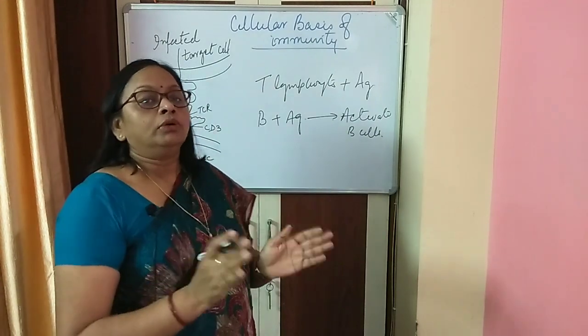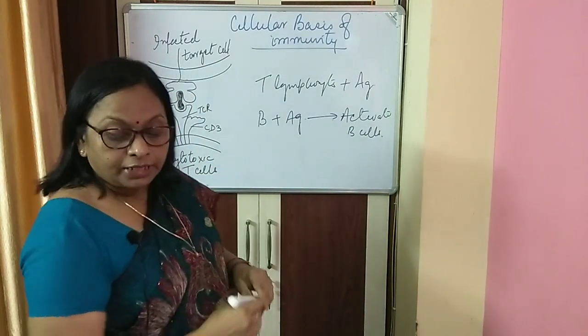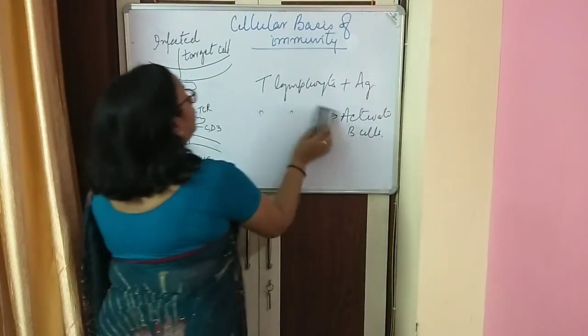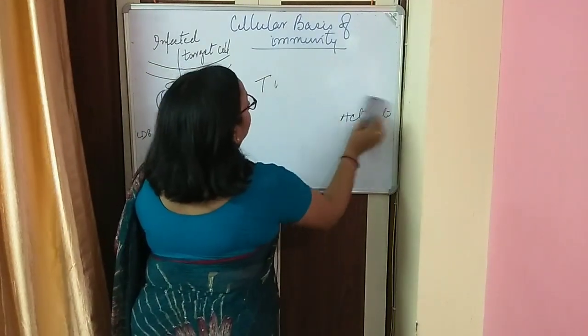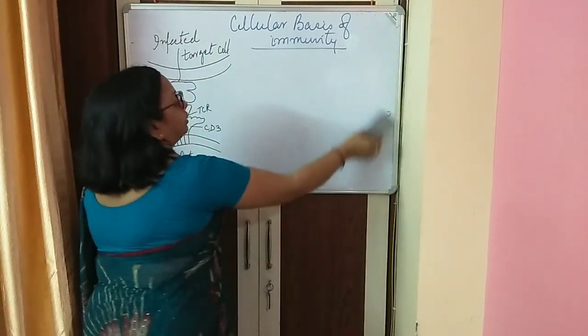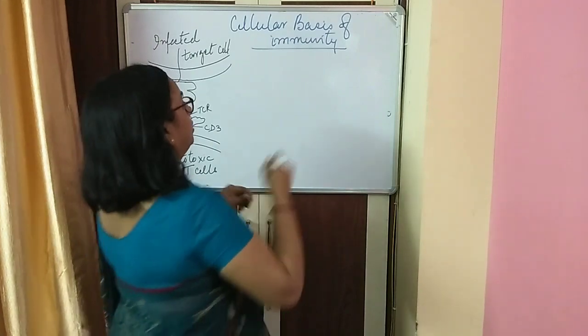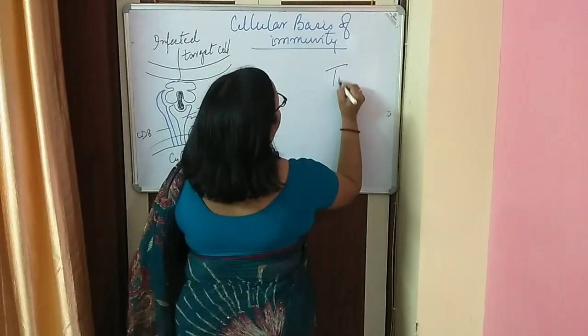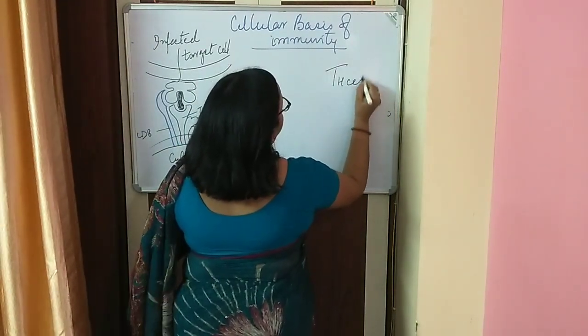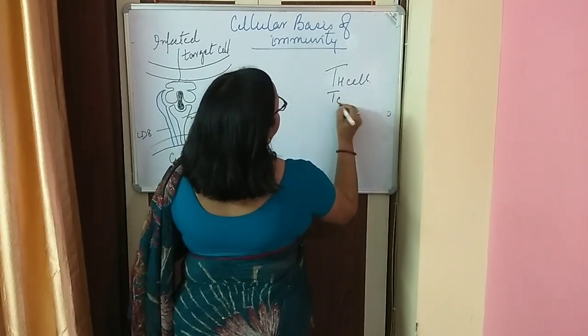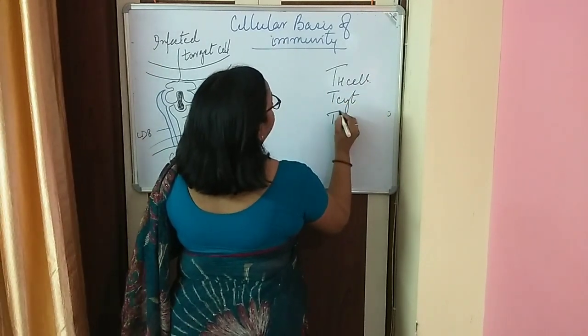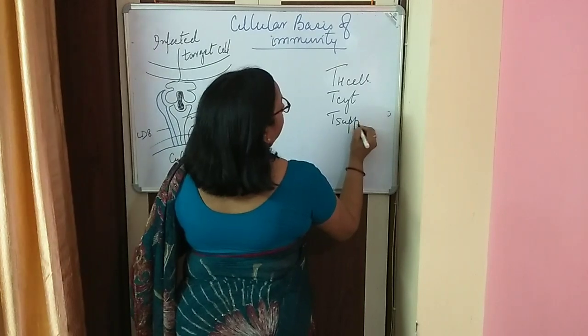Okay, so the T cytotoxic cells. I told you there are three types, if you remember: T helper cells, TH cells, T cytotoxic cells and T suppressor cells.